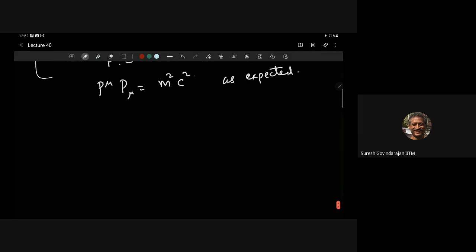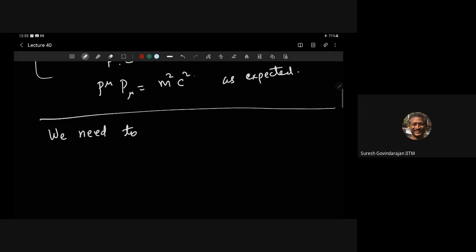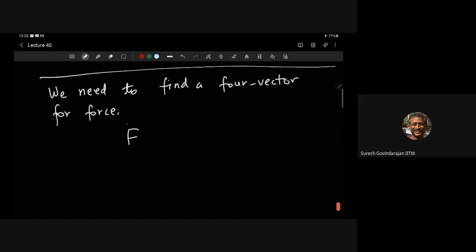Okay. So all we need now is to find a 4-vector for force. Then we could write an equation which looks something like this.